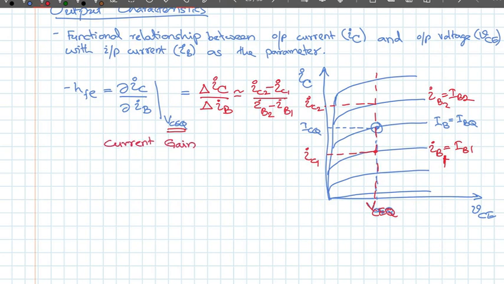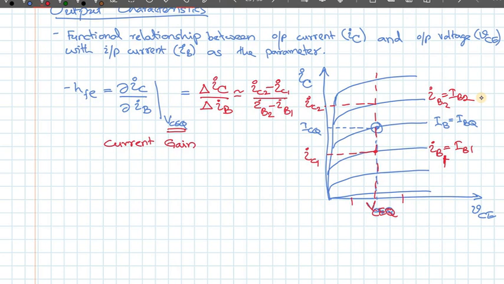So what is this? The ratio between two changes of currents. This is a current gain. If we had perfectly parallel lines which are horizontal, then the gaps between each would be the same. Whether you have VCE equals this VCEQ or some other VCEQ, it doesn't matter; your current gain would have been the same.